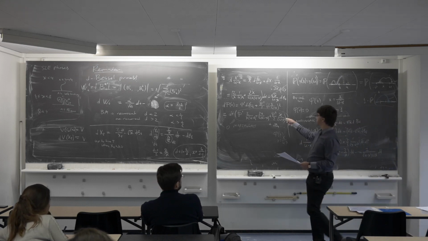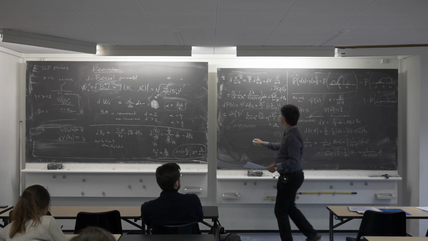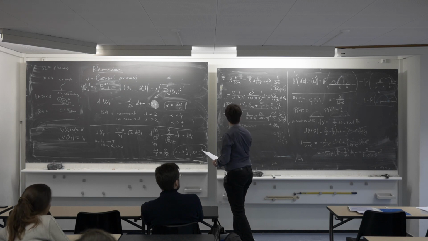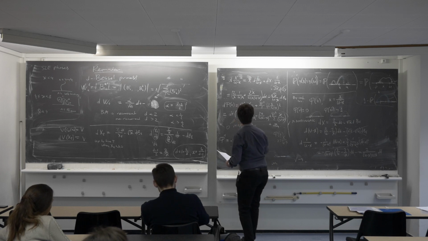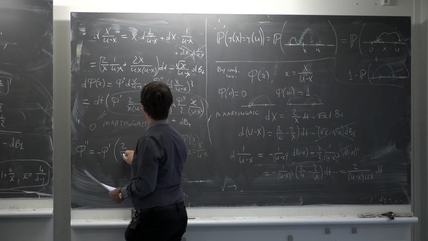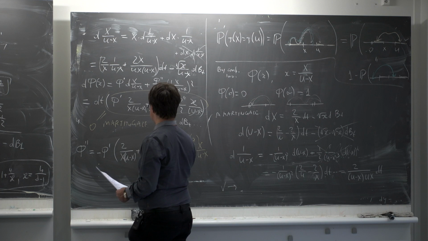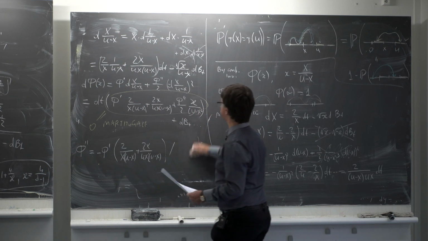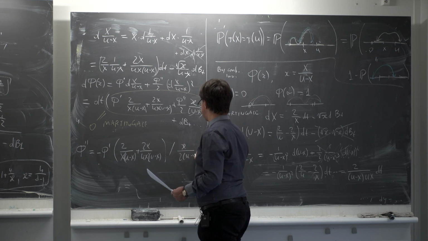What we do, so this is equal to 0, u minus x squared, I can multiply immediately by it, so I get an equation that is, let's say, phi double prime is equal to minus phi prime, and then there is this big thing, 2 over x u minus x plus 2x over u x u minus x, divided by this guy, kappa over 2 u minus x squared.